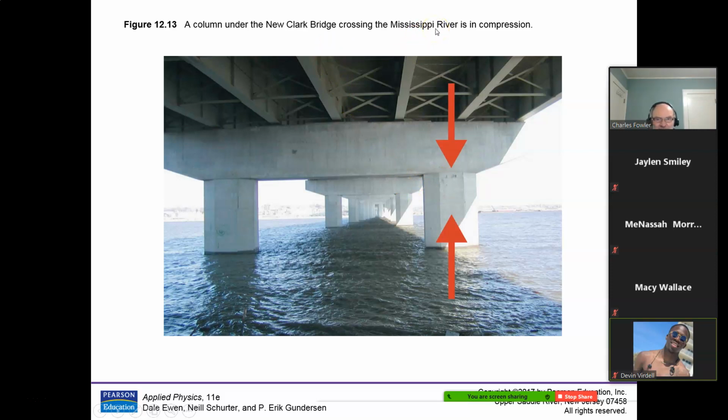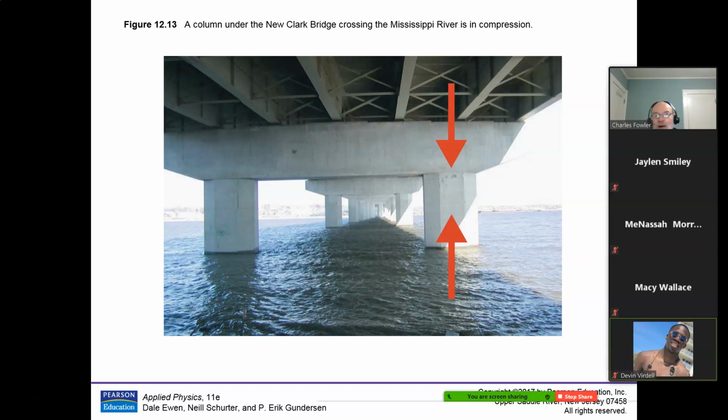I don't know if that's outside New Orleans or not. It may be. I've been in New Orleans, but I never noticed the name of the bridge. But they do have some pretty big bridges over the Mississippi. But that could be somewhere else as well. They don't say. But that creates compression.